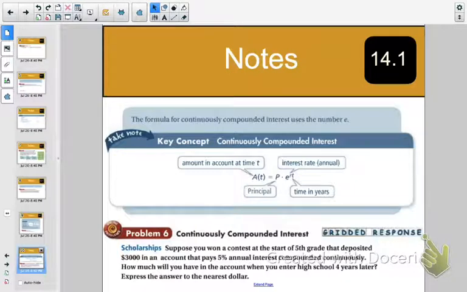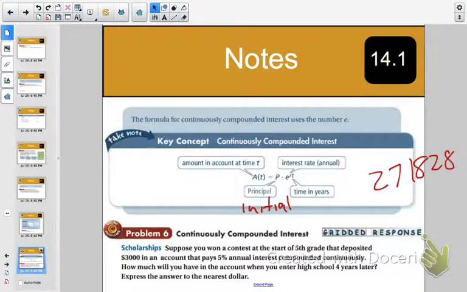P is the principal, or the initial amount. e is just that 2.71828, something like that. And t is time in years. r is your annual interest rate expressed as a decimal. So that's how we can calculate continuously compounded interest.